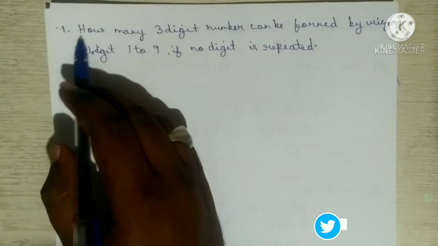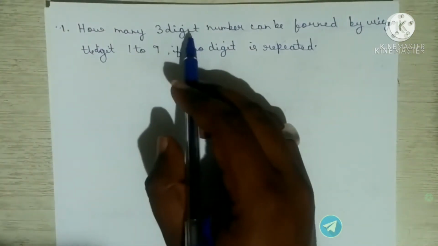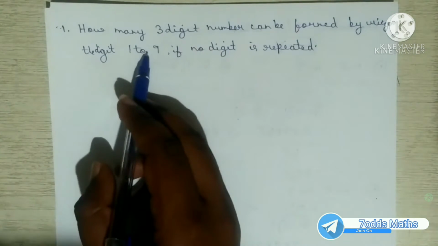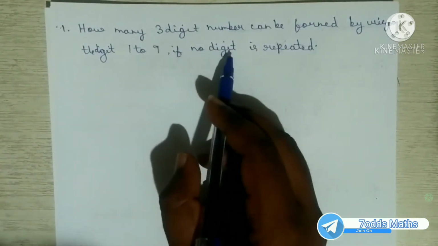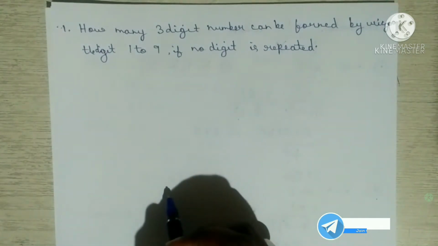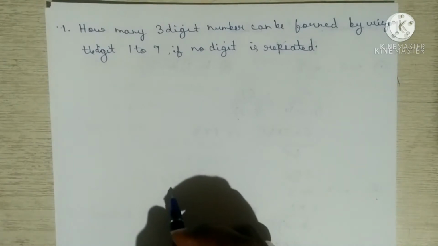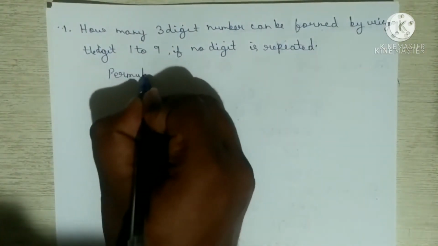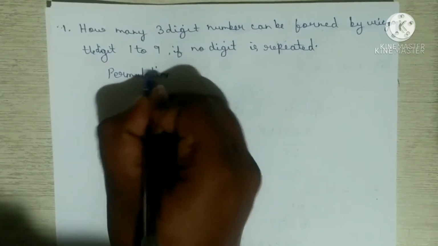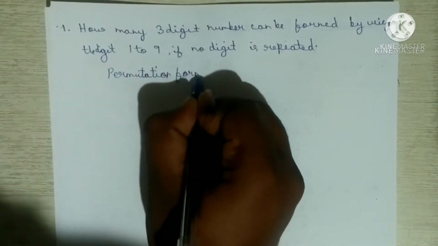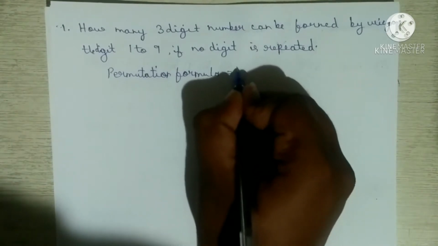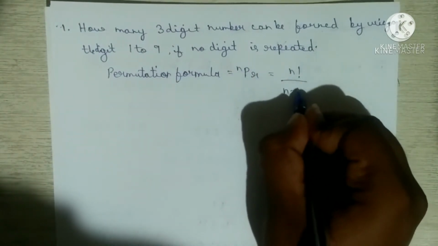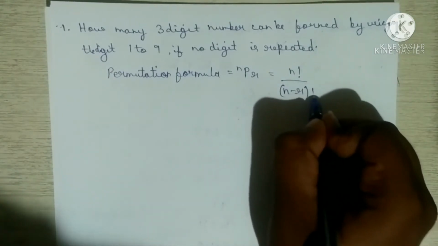First question. How many 3-digit numbers can be formed by using the digits 1 to 9 if no digit is repeated? First you write the permutation formula. nPr is equal to n factorial by (n minus r) factorial.